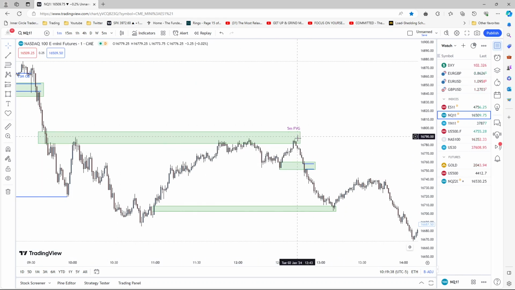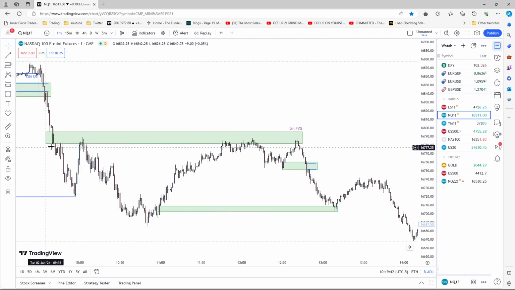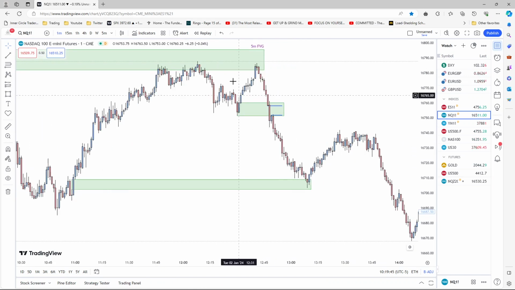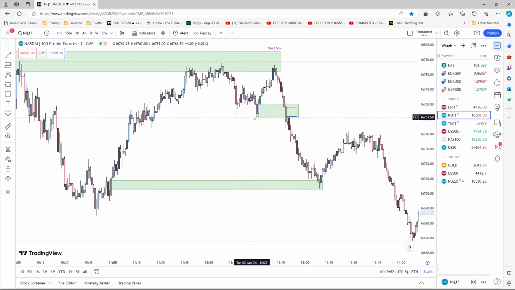So this was the line in the sand for price. It hit it like a brick wall. And we had equal lows, more relatively equal lows, fair value gap, fair value gap, order block, fair value gap, low, lower low, breaker block right there.